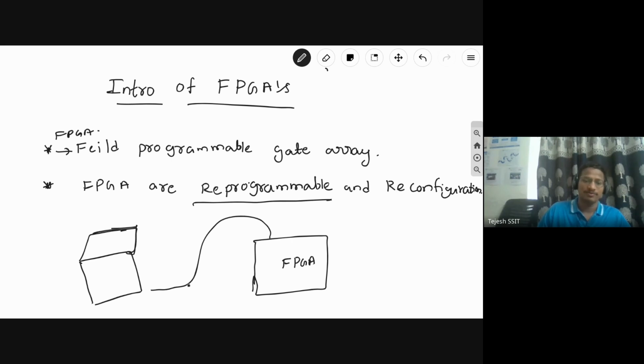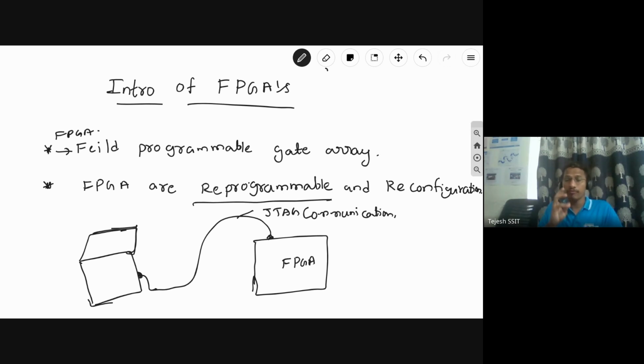Don't laugh, this is not a funny diagram. Here we connect the laptop cable with the board cable. This is the JTAG communication. I am explaining that FPGAs are reprogrammable and reconfigurable.